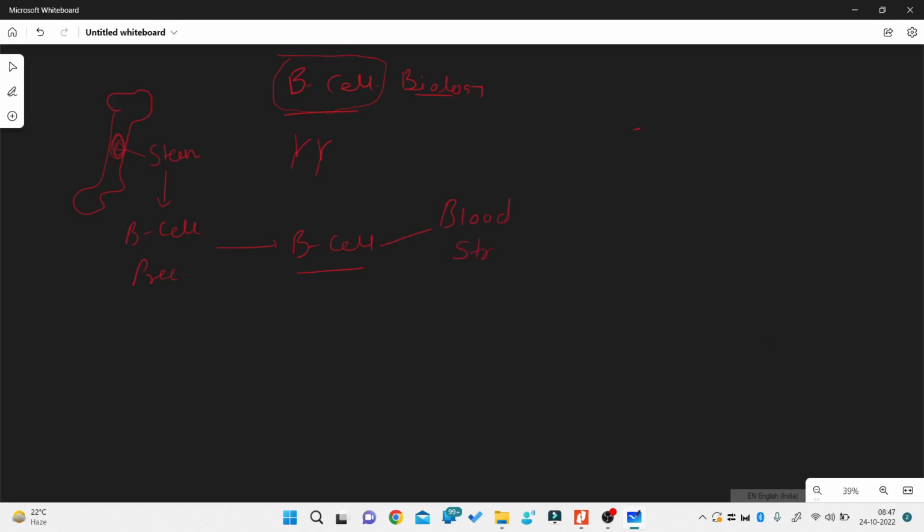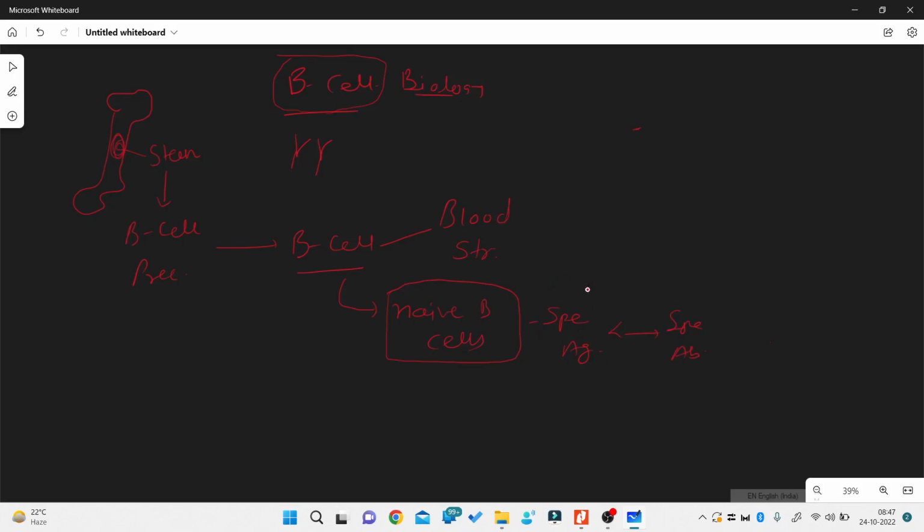So these B cells, without exposure to any antigen, are known as naive B cells, right? And when these cells come into contact with a specific antigen, here I'm using the word specific antigen, you'll find the specific antibody.